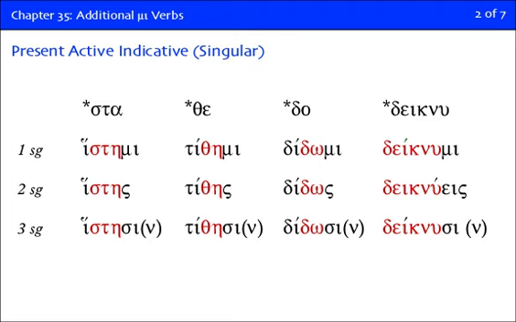Okay, go all the way over to the left-hand column. This, again, it's the same thing with a twist. Maybe that's what I should call this chapter. Same thing with a twist. You have the root sta. Now, the twist is that when the sigma gets reduplicated, sista, Greeks don't like the reduplicated sigma, and so they swap it with a rough breathing. And so sta goes to hista.